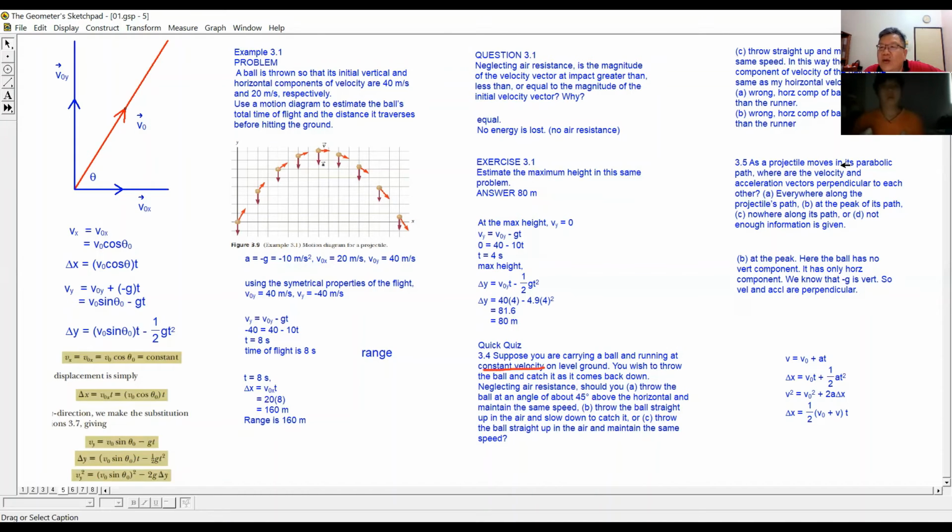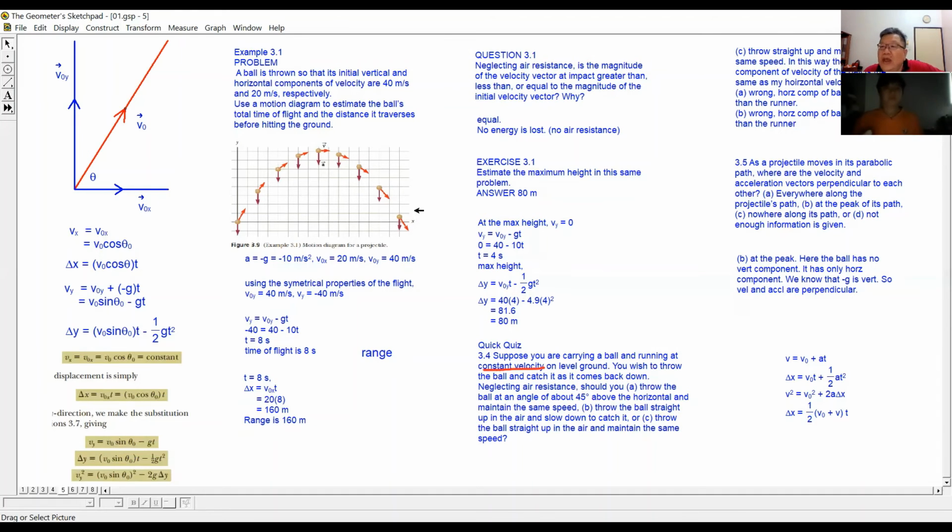As a projectile moves in its parabolic path, this is the parabolic path, where are the velocity and acceleration vectors perpendicular to each other? Okay, now the acceleration is always vertical, at every position along the path, it is always vertical.